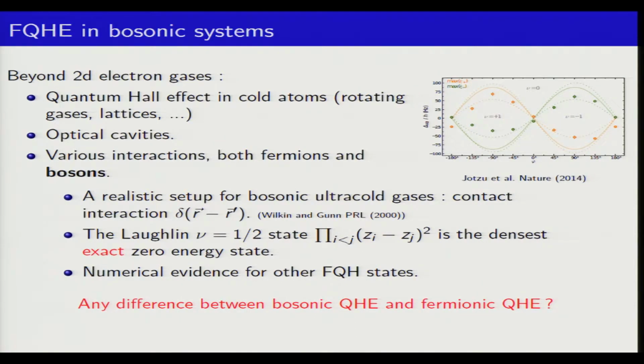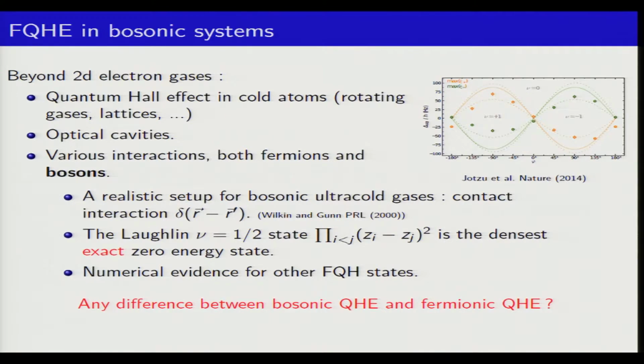You can think also about optical cavities. So you have lots of freedom to change the interaction compared to the one you usually have in a 2D electron gas, but you can also replace fermions with bosons. And even if you do that, you still have the fractional quantum Hall effect.